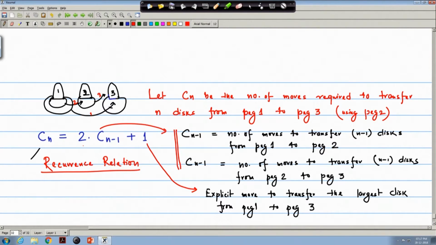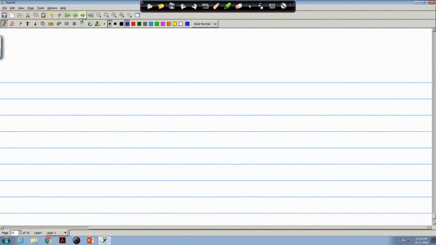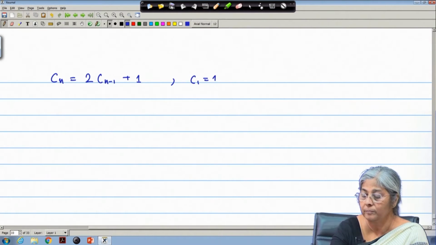Since I know the initial conditions also, what is my C1? If I have only one disk, the number of moves required is 1. So, C1 is 1. Now, I can get an explicit formula for this. I know the recurrence relation Cn is 2Cn minus 1 plus 1 with C1 equal to 1.